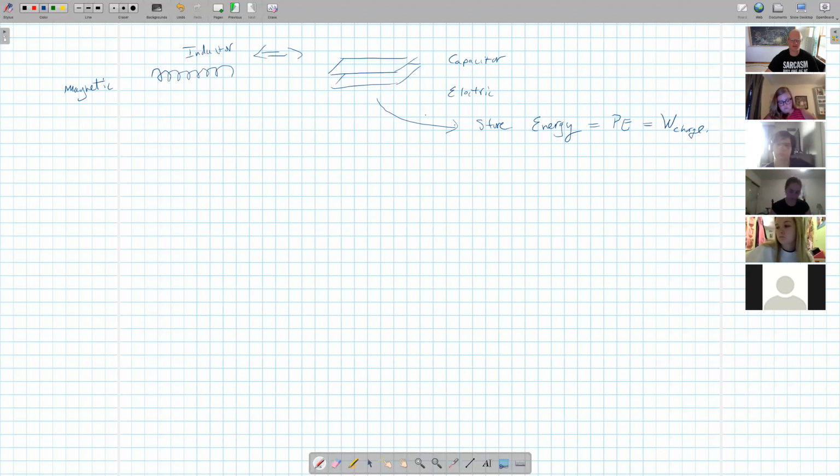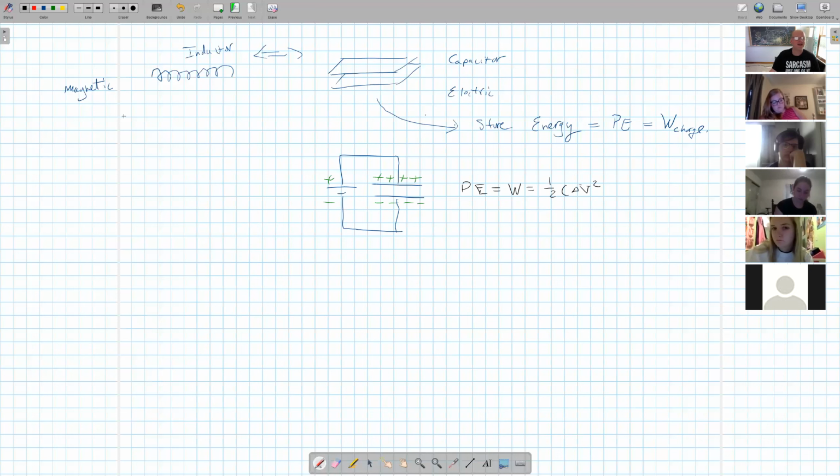So what we said was that if I hook this thing up to a battery, it takes work to put all the charge onto this guy, where this is going to be positively charged across here. This is positive charge. This is going to become negatively charged. So the amount of work that it took to do this, which is equal to the potential energy to charge this thing up, was equal to 1/2 the capacitance times the potential squared.